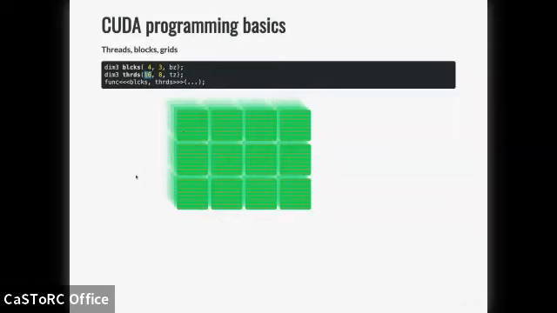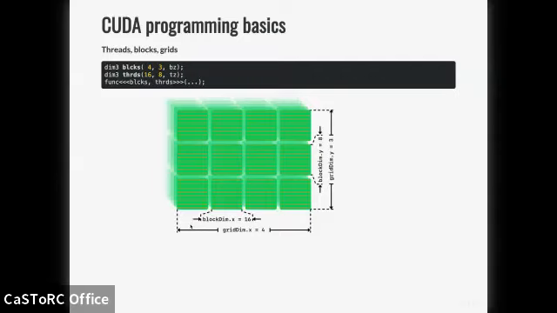Now, there is a way to uniquely identify each one of these threads in the GPU kernel that you'll run. And that is by getting the dimensions. These variables that I'm plotting here on the diagram are variables that you can access within the GPU kernel, which have information about the dimensions of the grid that you're running on.